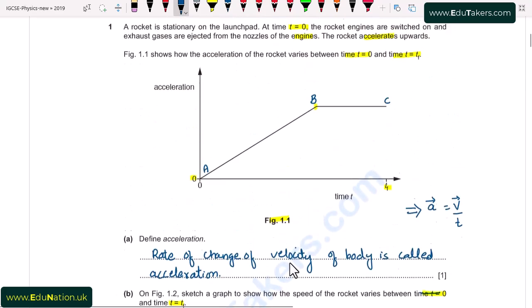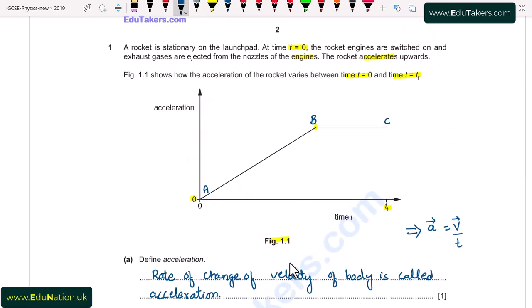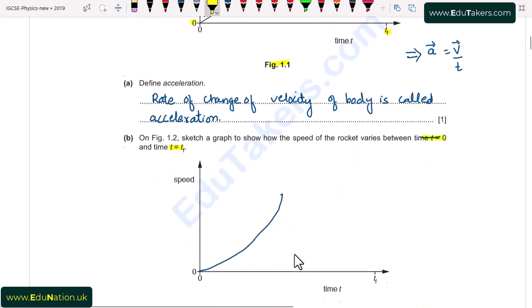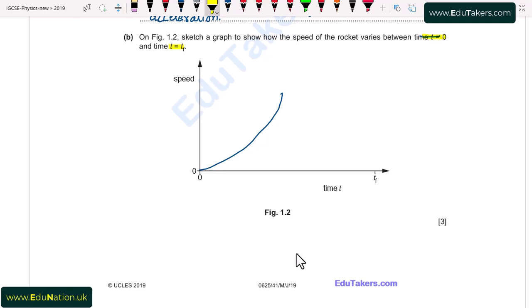Secondly, we can see that from B to C, the acceleration is constant. It means that the speed increases uniformly. Uniform velocity is basically if a body covers equal distance in equal intervals of time, then we can say that it is moving with uniform velocity.